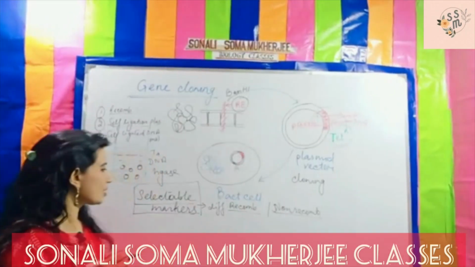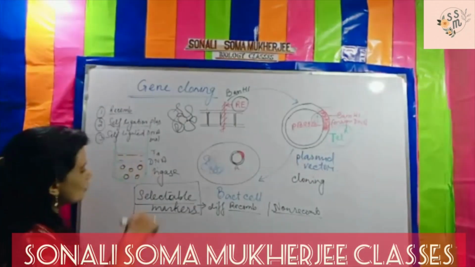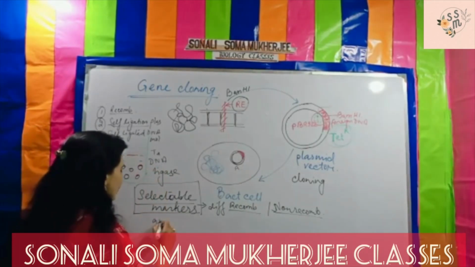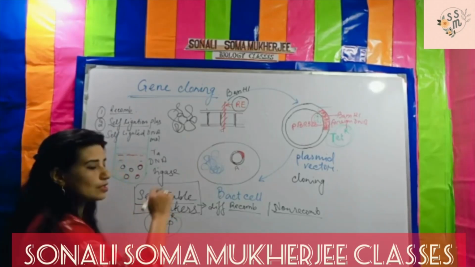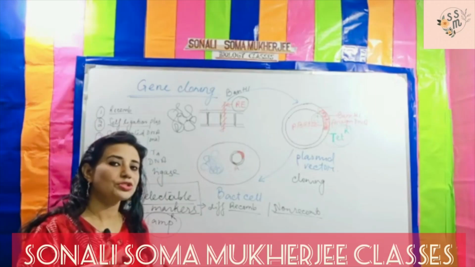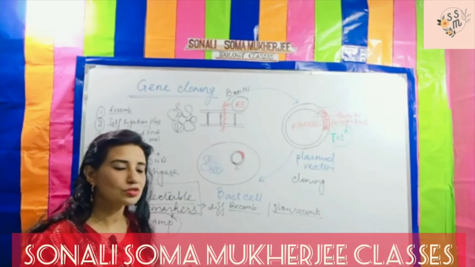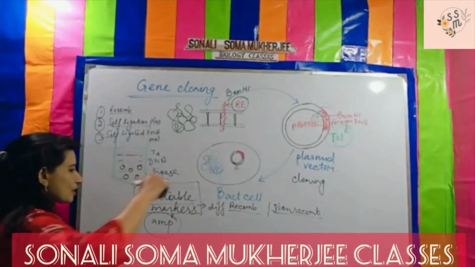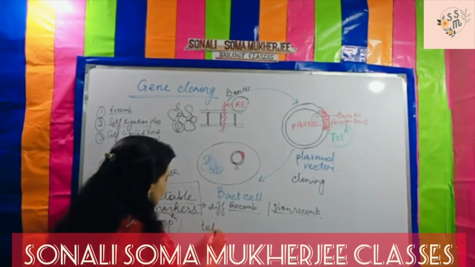So as selectable markers, in this case, we will be using ampicillin, as these will have resistance to ampicillin. The genes are present which have resistance to ampicillin and tetracycline.